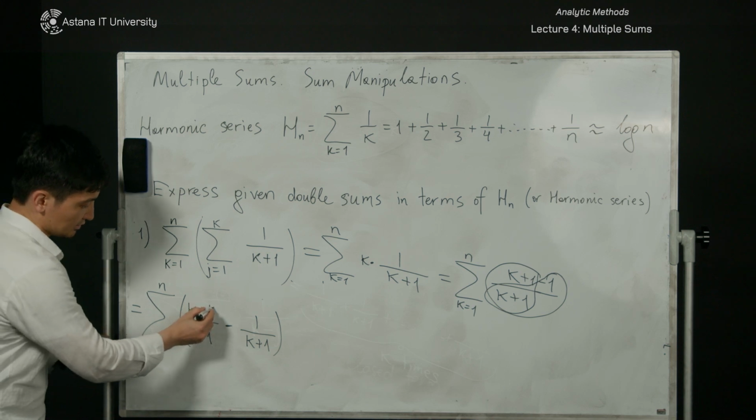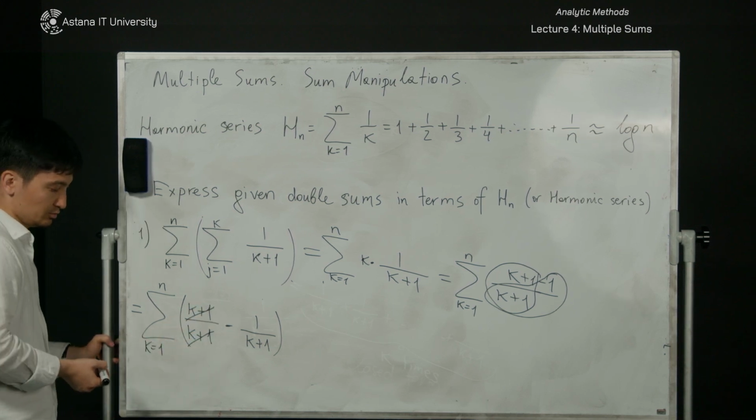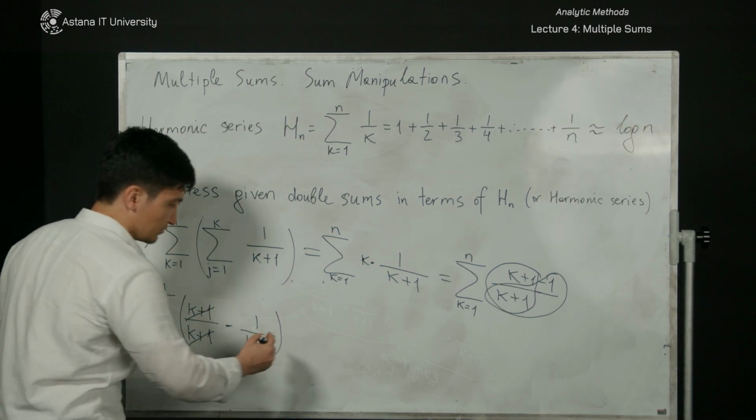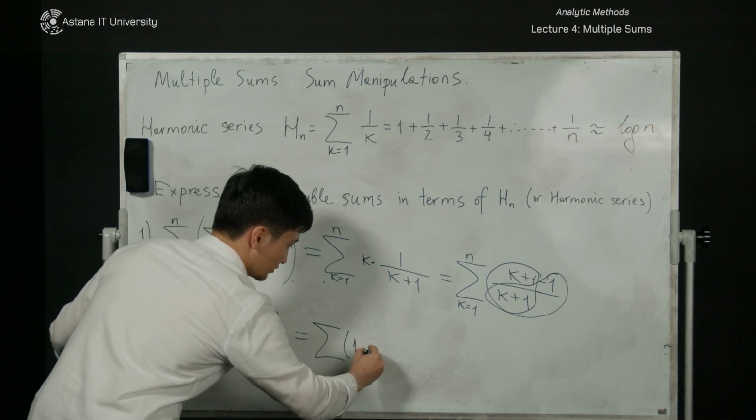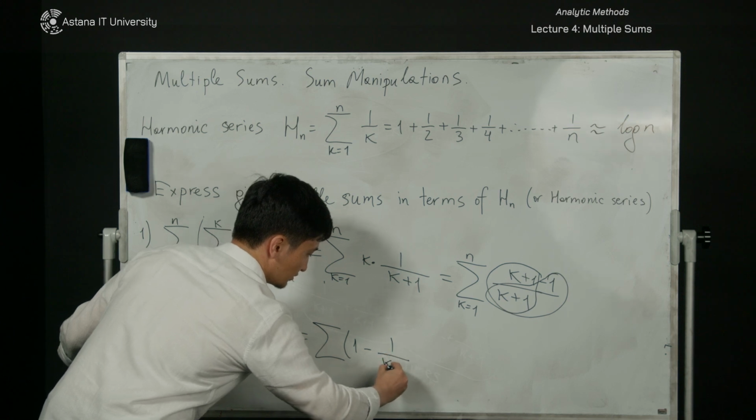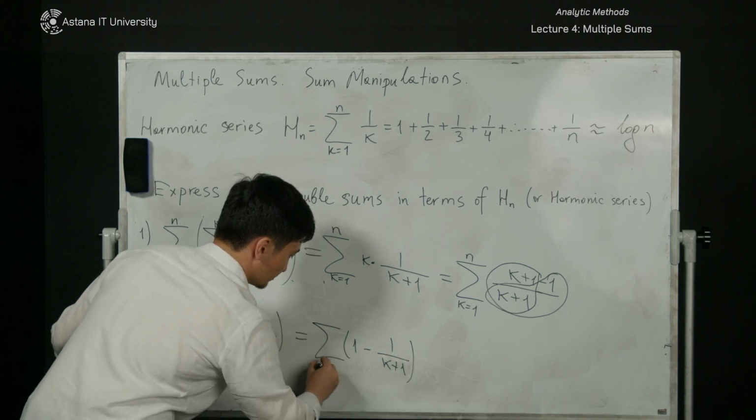Okay, great. So we see that this one and this one cancel out, and this will give me 1. And therefore, I will write it as the sum of 1 minus 1 over k plus 1.